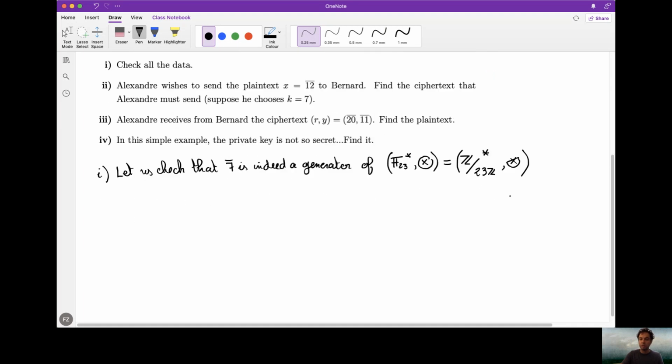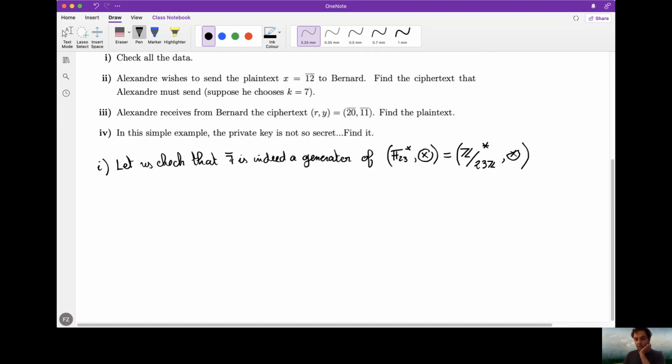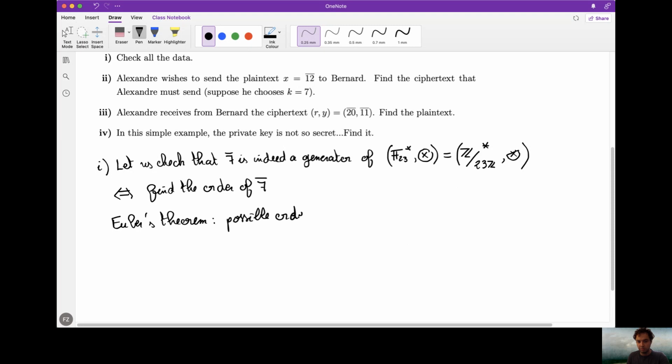All right, so how do we know if 7 is a generator? We need to find the order of 7. The best technique to find the order of 7 is using Euler's theorem, which tells us that the possible orders must be the divisors of the number of elements here.